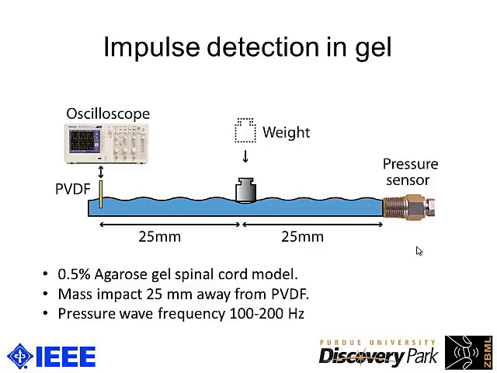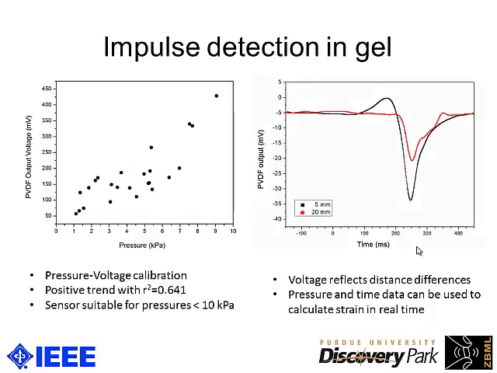Pressure wave was around between 100 and 200 hertz, so we can expect the PVDF to be able to follow. And we do have a voltage output versus pressure plot here. We can see a positive trend, 38 millivolts per kilopascal. And the sensor is suitable for low pressures, less than 10 kPa.